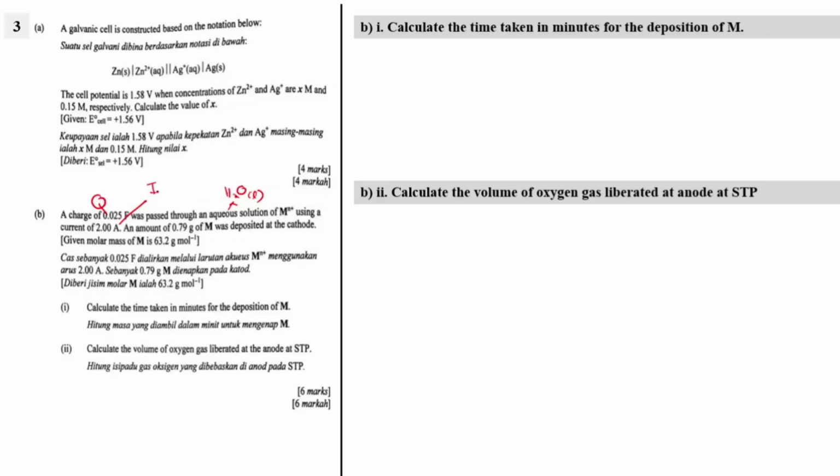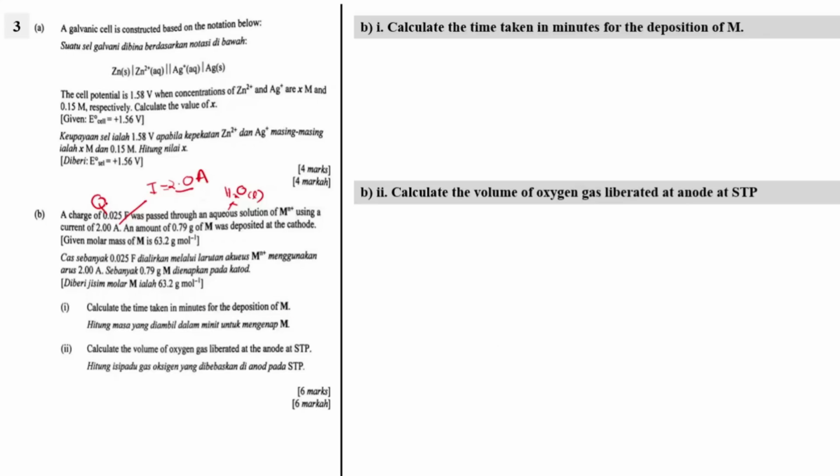So we have our I. So an amount of 0.79 gram of M was deposited at the cathode. So given the molar mass of M is 63.2 gram per mole. So our I here is 2 ampere. And then we need to calculate the time taken in minutes for the deposition of M.